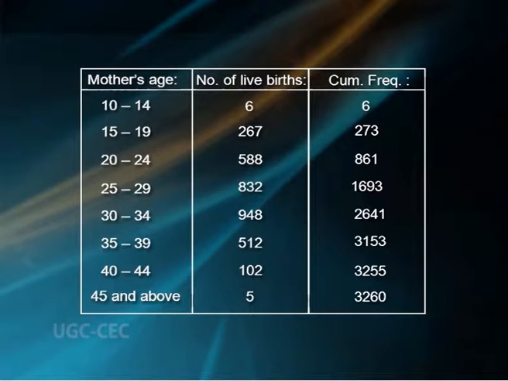Number of live births: 6, 267, 588, 832, 948, 512, 102 and 5. Then the cumulated frequencies are 6, 273, 861, 1693, 2641, 3153, 3255 and finally 3260. Use the upper bounds of the classes and the corresponding less than cumulative frequencies to complete the less than ogive.